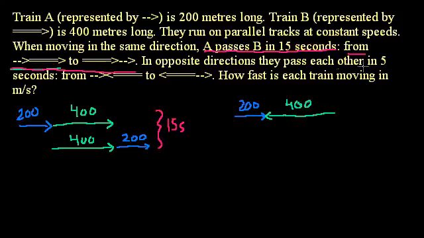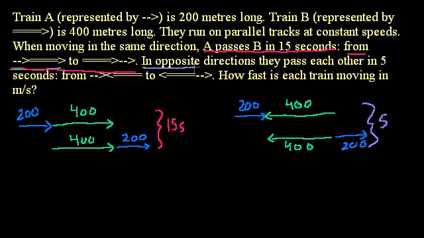And then in 5 seconds, they get from this configuration to that configuration right there. 200, and of course, this right here is 400. And this right here takes 5 seconds. So in opposite directions, they pass each other in 5 seconds.